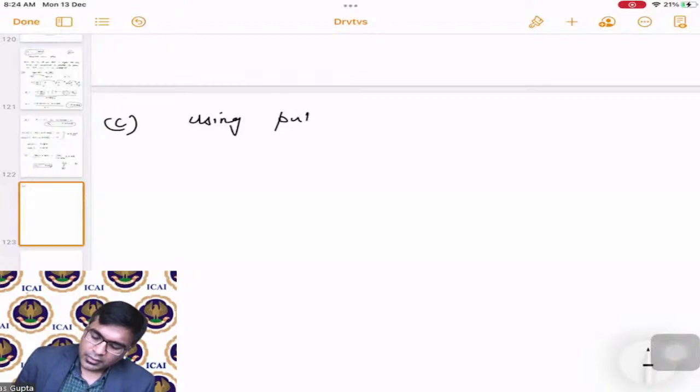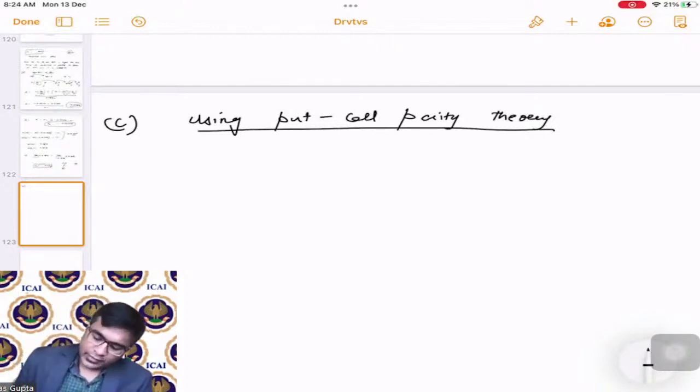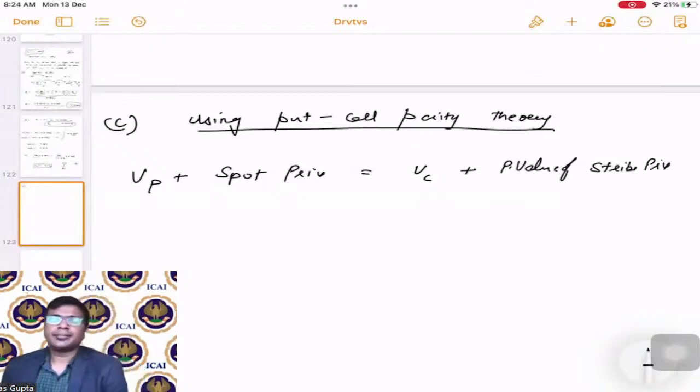Using put-call parity theory. Okay. If we are using the put-call parity theory, then we already know that value of put plus spot price is equal to value of call plus present value of strike price. Correct?